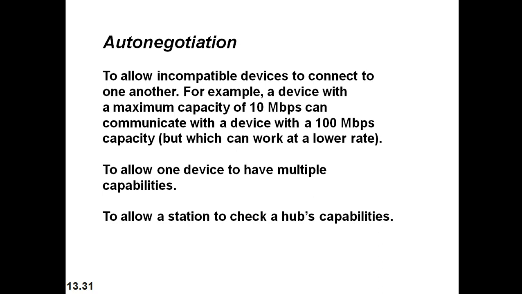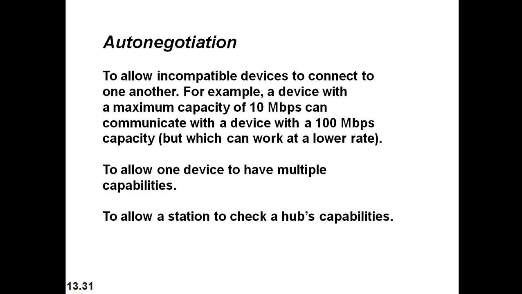Another feature that we implement in fast Ethernet is auto negotiation. Auto negotiation allows devices to negotiate the mode of operation or the data rate at which they communicate with each other. That is, it allows a station or a hub a range of capabilities.